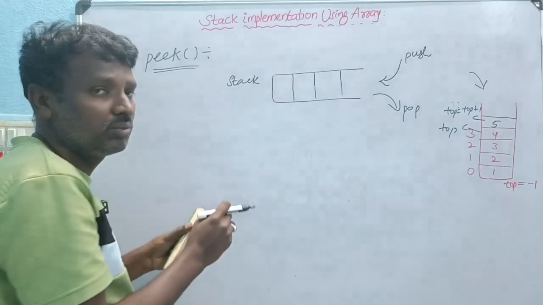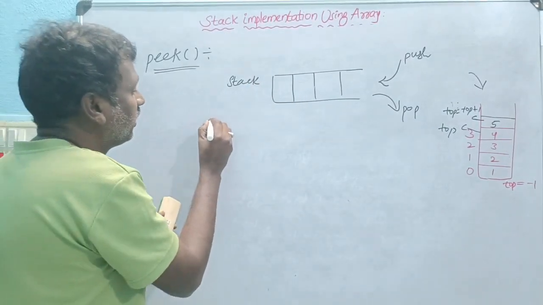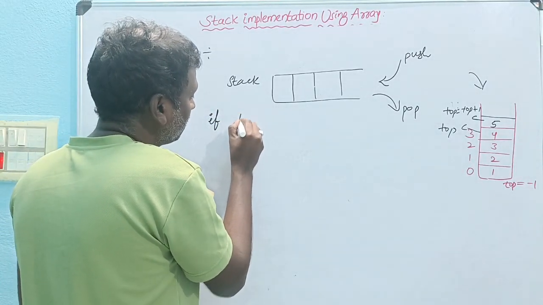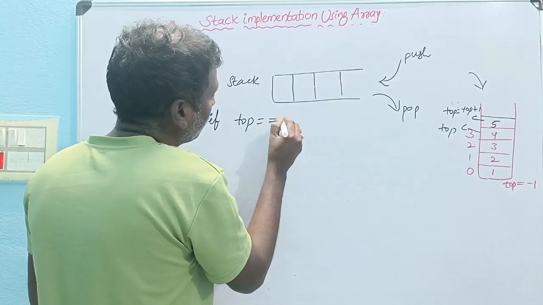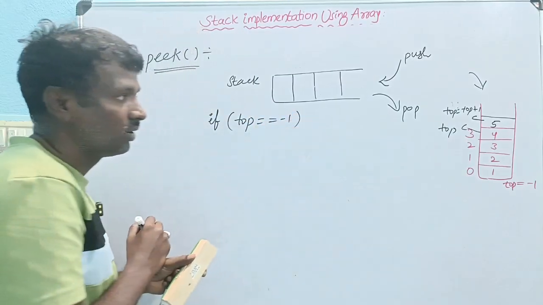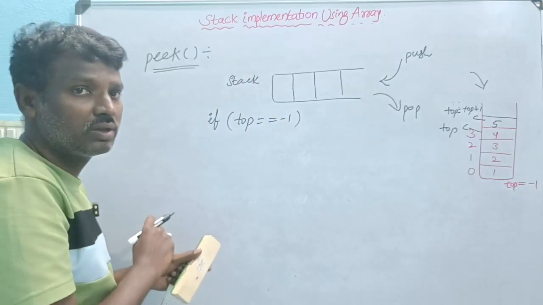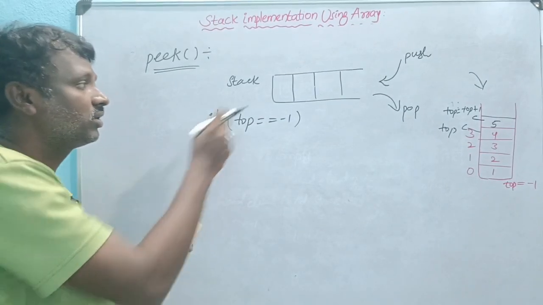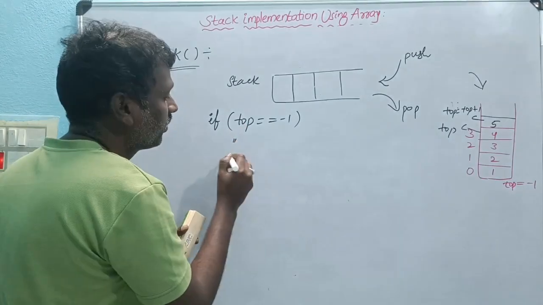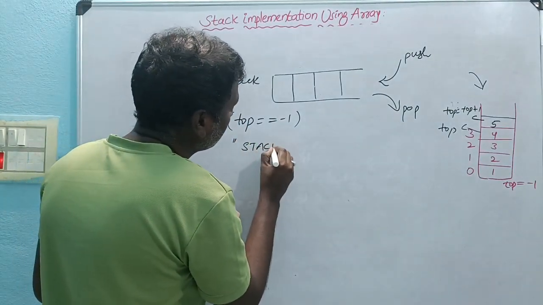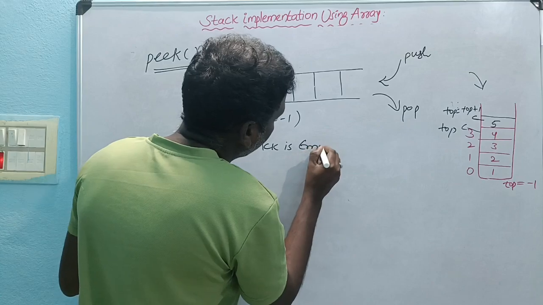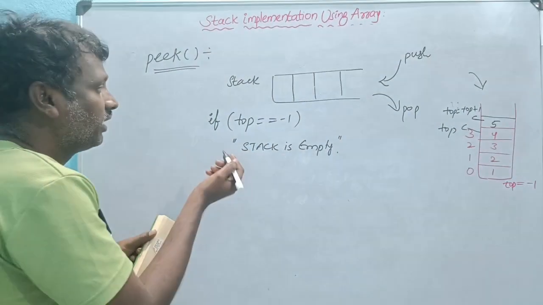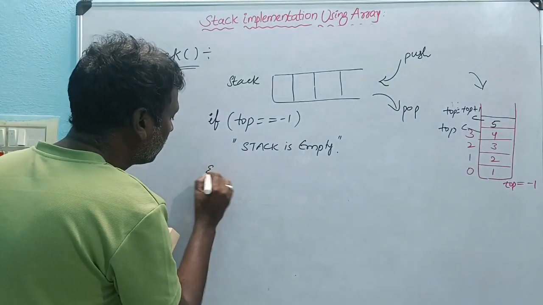No, because the stack is empty. So that's why we are writing: if the stack is empty, that means top equal to minus 1. If top equal to minus 1, then what happens? Not possible, because the stack is empty, so that's why it reflects: stack is empty.